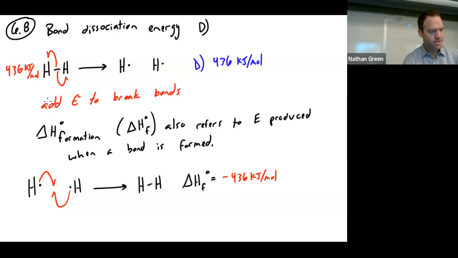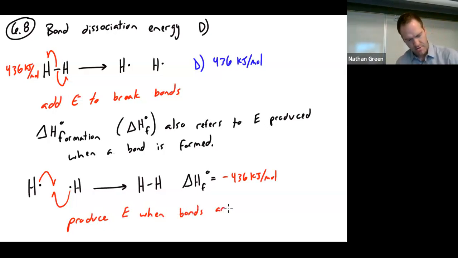Add energy to break bonds, make energy or produce energy when bonds are formed. That make sense? Okay.